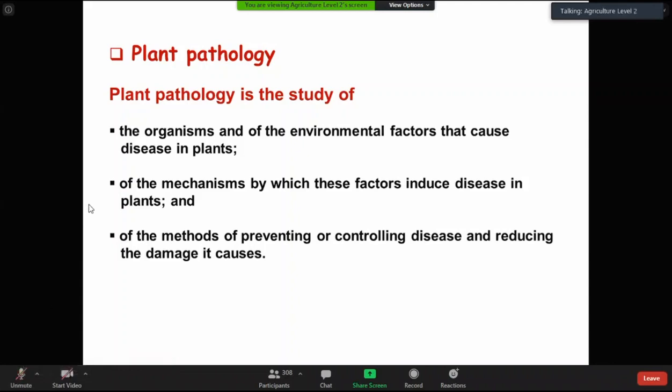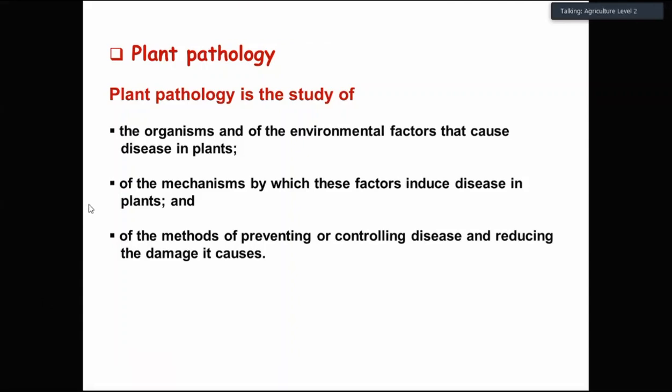So it means the study of organisms and environmental factors that cause disease, and the mechanism by which these organisms induce or cause disease. And finally, the methods of how we can control or manage the disease.